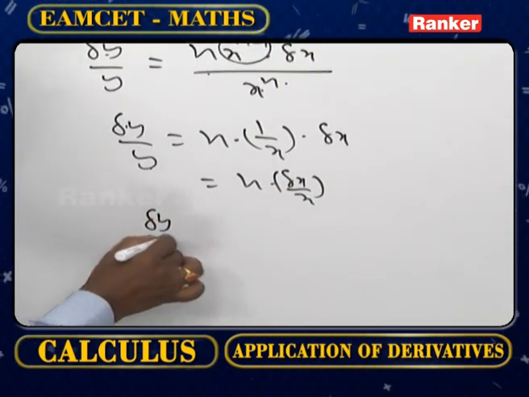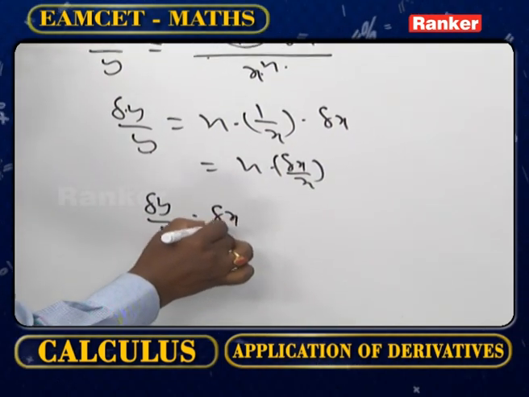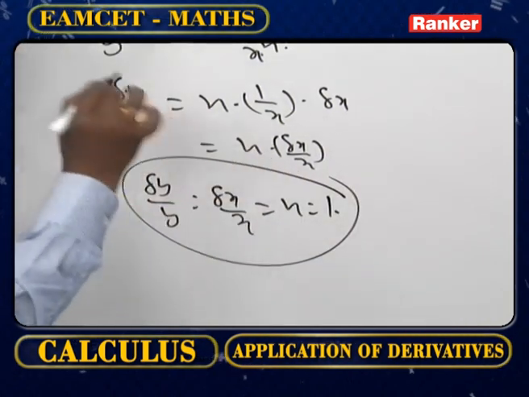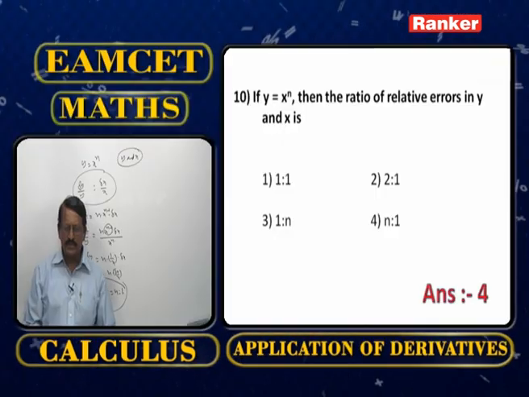Therefore δy/y is to δx/x equals n is to 1. Now the fourth option is correct.